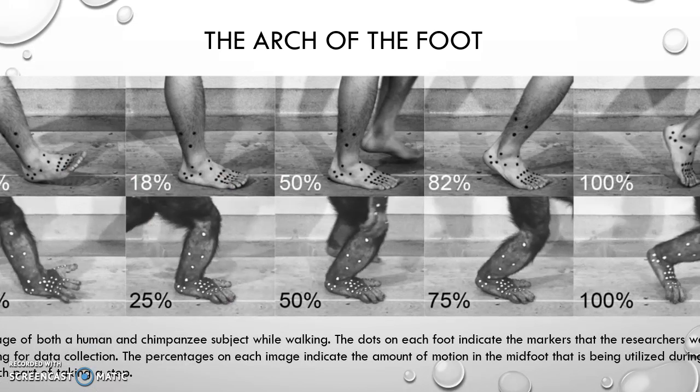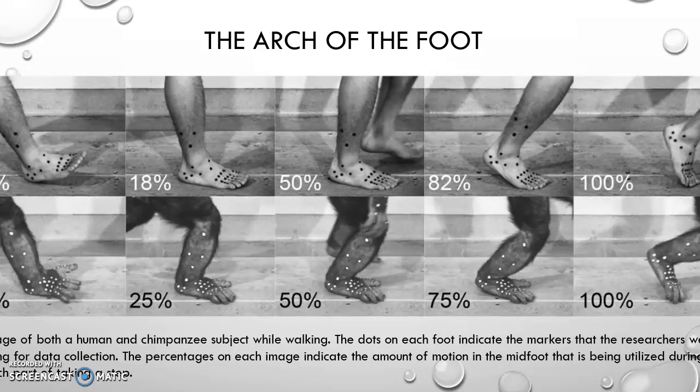This is just showing you the arch of the foot. Our arch of our foot developed that our common ancestors do not have. This helps us to maintain a mid-dorsal rigidity along with the absorption of the shock of walking and running.